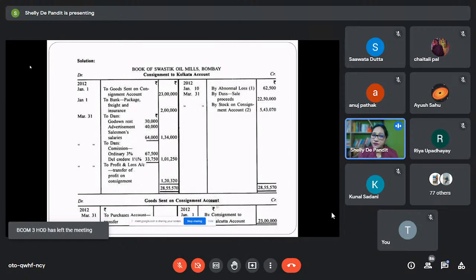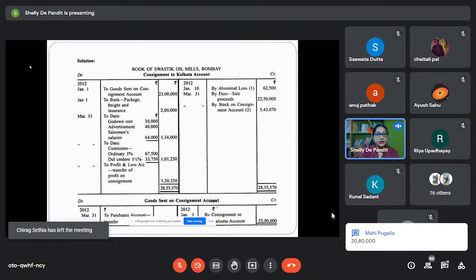Now, what we have learned is that at the time of sending the goods, the consignor may incur some expenses, and these expenses are also given in the sum. That is the packing, freight, and insurance. So one thing you should remember: we write to bank, that is the expenses borne by the consignor. And below the to bank, you can write down the name of the expenses, packing, freight, and insurance.